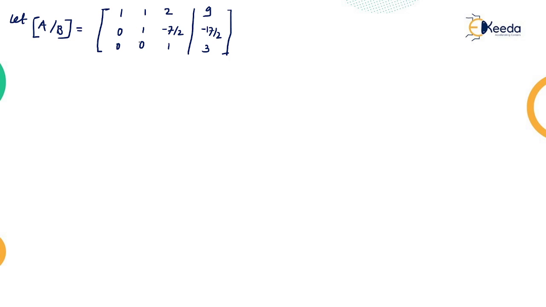This is the matrix in echelon form. Hence the system is consistent and it has a unique solution.